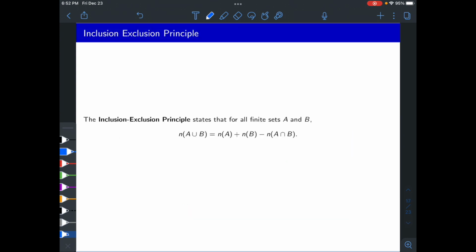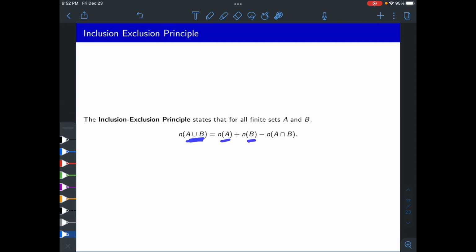And so this is called the inclusion-exclusion principle. It states that for all sets A and B, the number of students in A union B is equal to the number of elements in A plus the number of elements in B minus the number of elements in A intersect B. So this is the number of students that are in both sets.